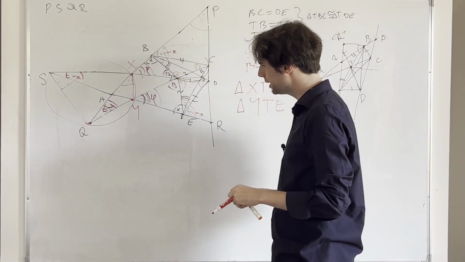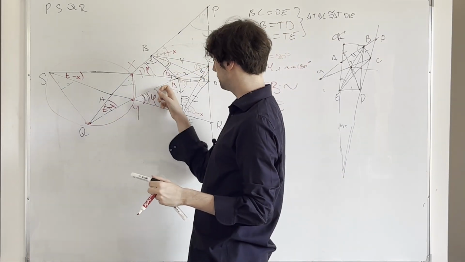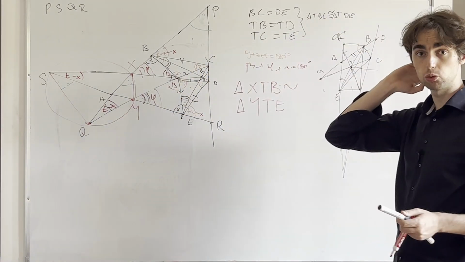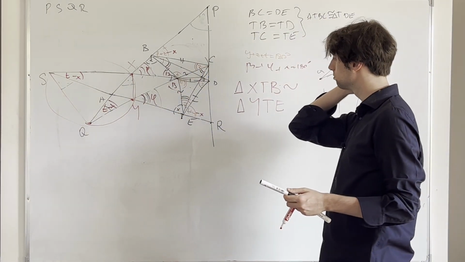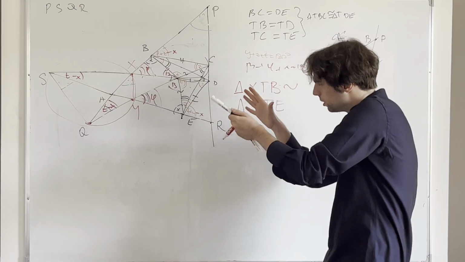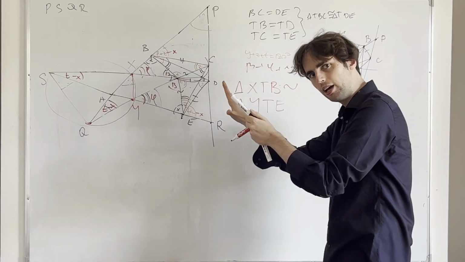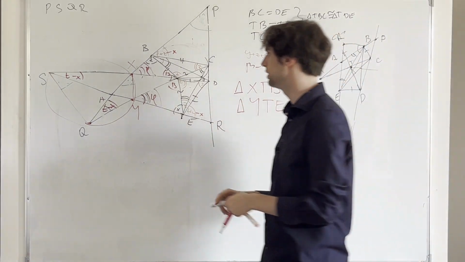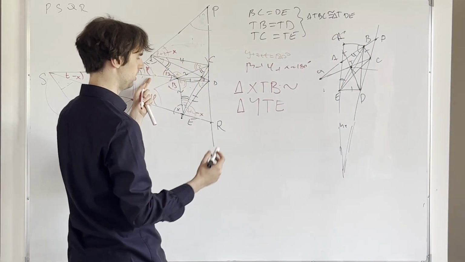Maybe there's a way that we can actually figure out what beta and phi are in terms of x, y, z, t. Maybe, but maybe not. Right now, I don't see the need to go down that route. So let us continue on with this. XTB, YTE. So what does the similarity give us?